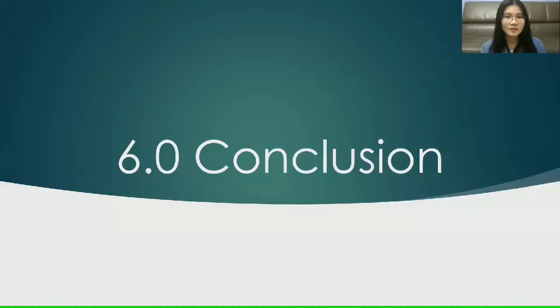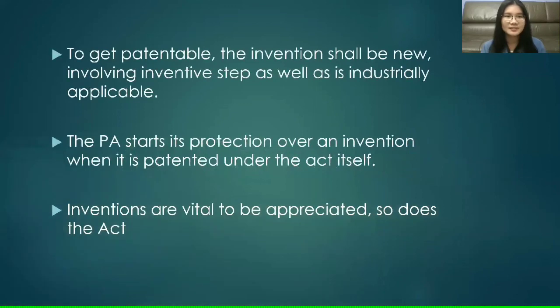Thank you. In conclusion, although there are benefits provided by a patent, it is not easy to have an invention patented. A patentable invention shall be new, involve an inventive step, and be industrially applicable. Only when the three requirements are fulfilled conjunctively is a patent legally granted.